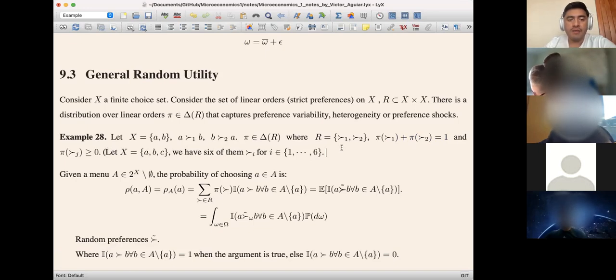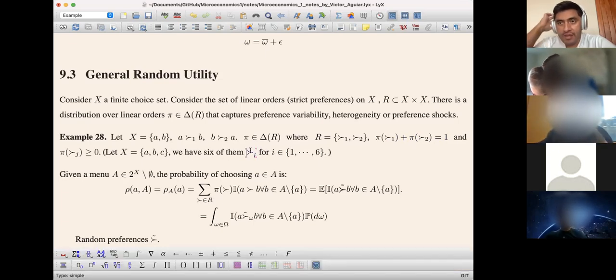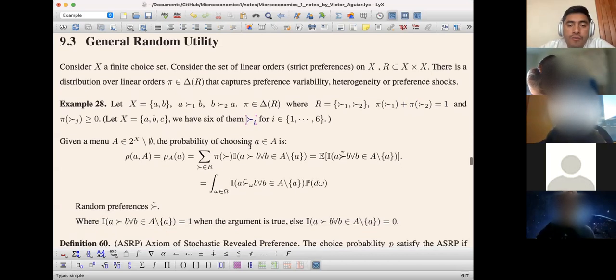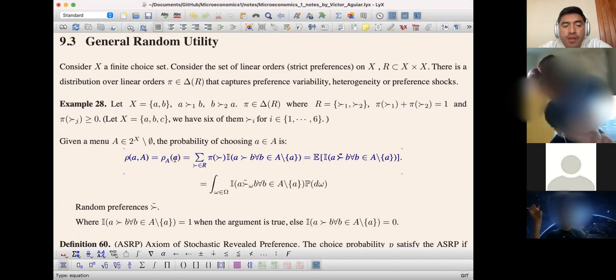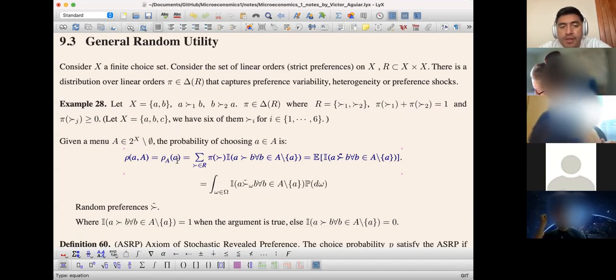What would happen if I have 3 alternatives? Then I will have 6 rankings, and I have to put a probability over the 6 of them. Now, given this, what would be the probability of choosing alternative A in menu capital A?